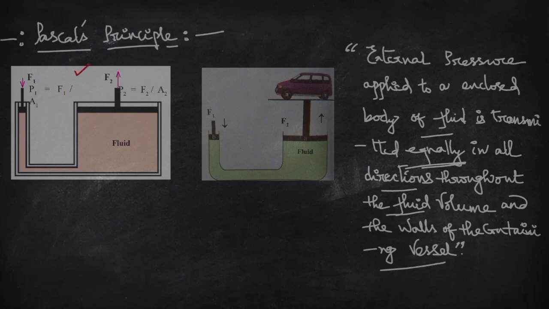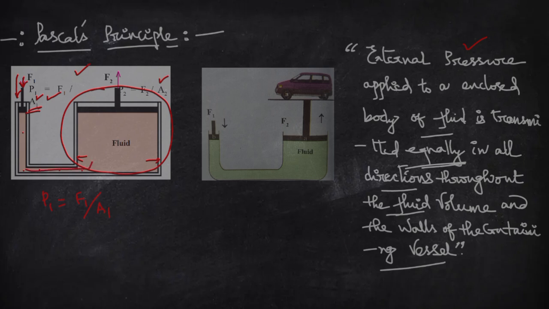This is a U-shaped container in which a fluid is there, and this is a piston, and this is another piston. A force F1 is applied on the piston, then the pressure will be P1 = F1/A1. By this statement of Pascal, this pressure is transmitted equally in all directions, and this U-shaped container has a big chamber whose area is A2, and this is a small chamber on which the external force is applied. Its area is A1.